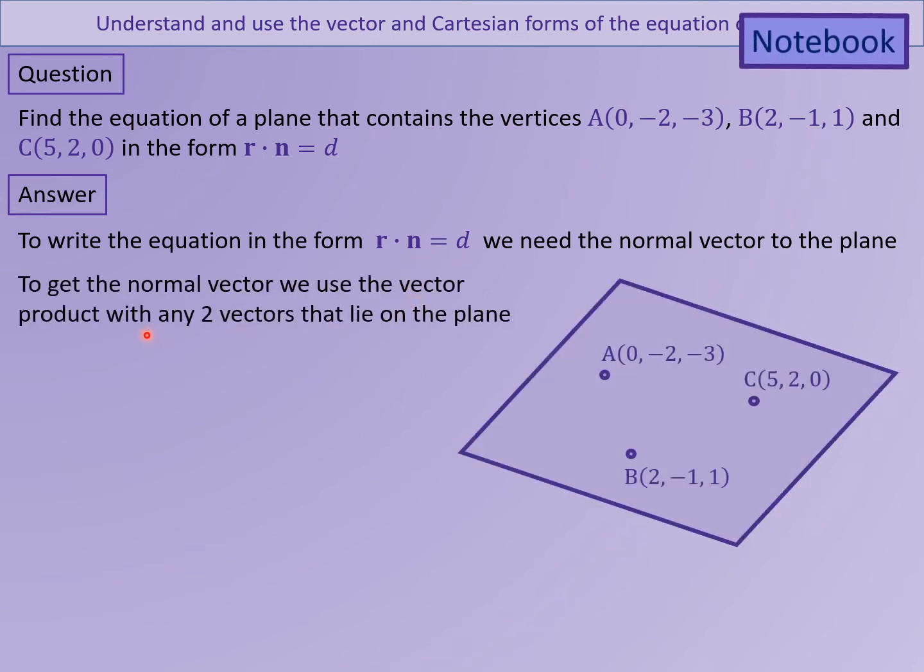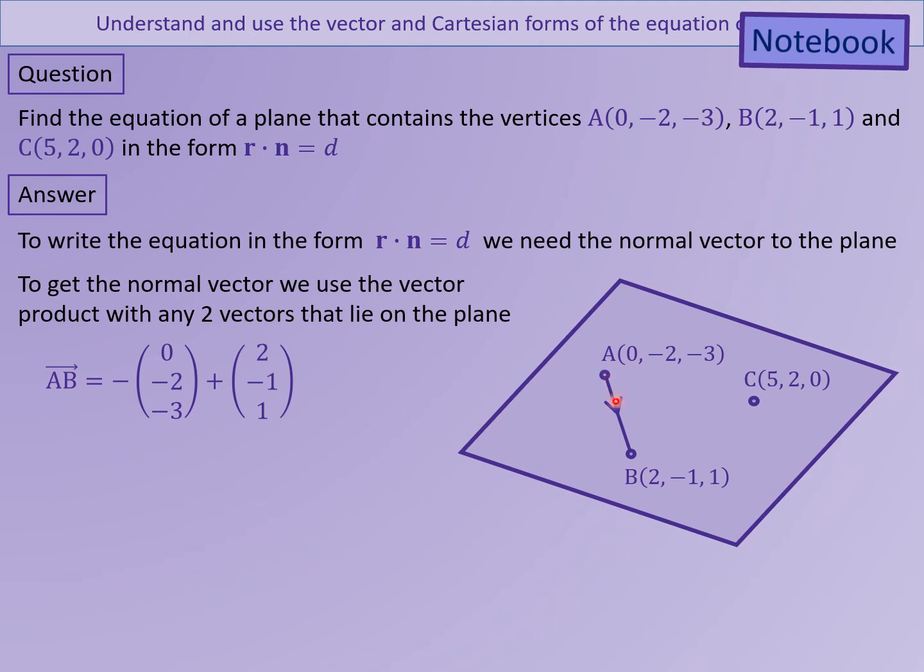To get the normal vector to the plane, we need to find any 2 vectors that lie on the plane. I've got 3 points that lie on the plane, but I don't have any vectors yet. I know how to work out vectors to get to those points, but I need the vectors on the plane. At this point, you can choose any vectors you like of the 3 sides of that triangle. That could be an option, AB, and you could do it using your normal skills with vectors.